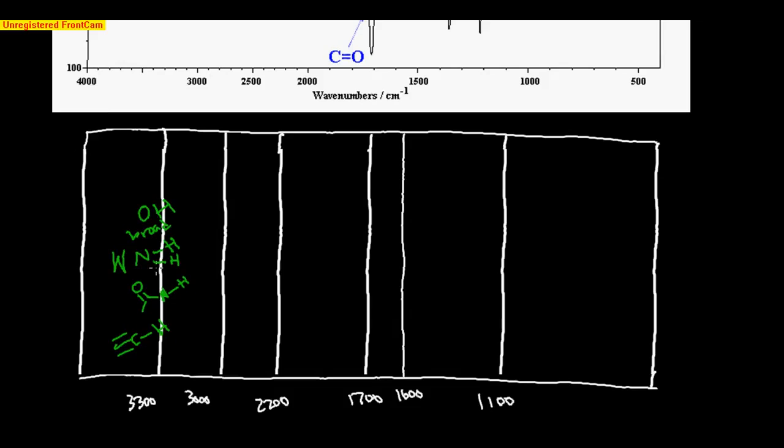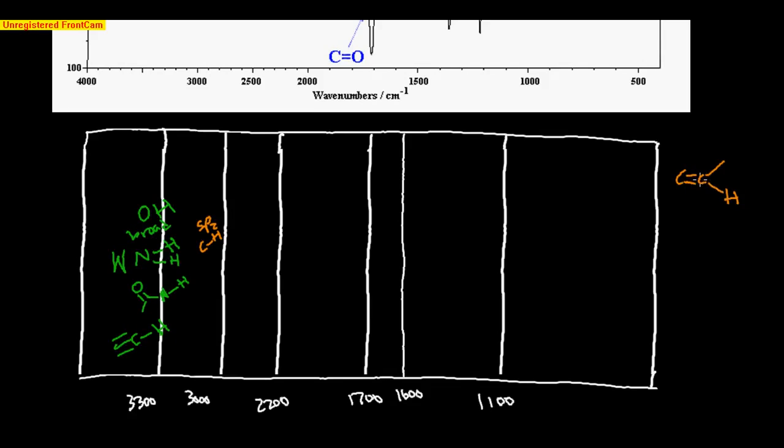Around 3000, on the left side of it, you'll have the sp2 C-H stretch, sp2 of course meaning sp2 hybridization.